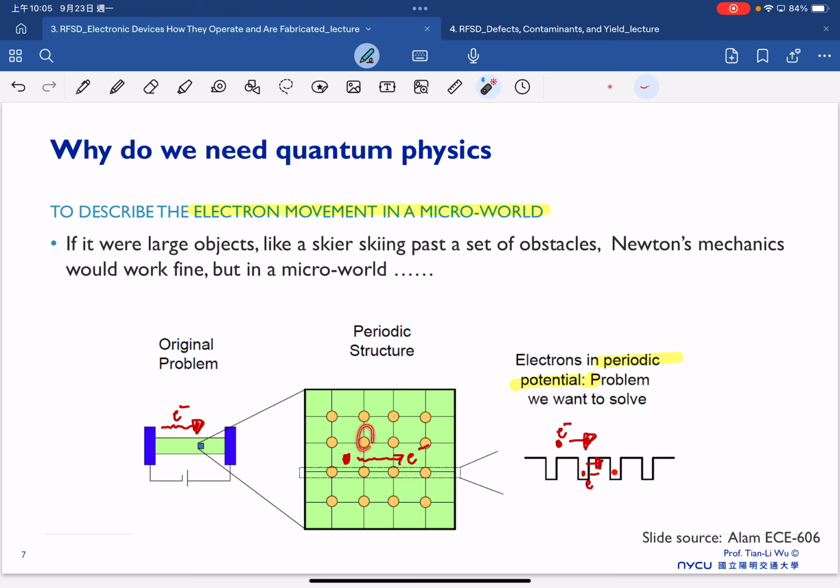Because of this periodic structure, the electron moves in a space that has a periodic potential, and there are two possible cases. The first one is the electron moves in free space. And the second one is the electron moves inside this potential well.